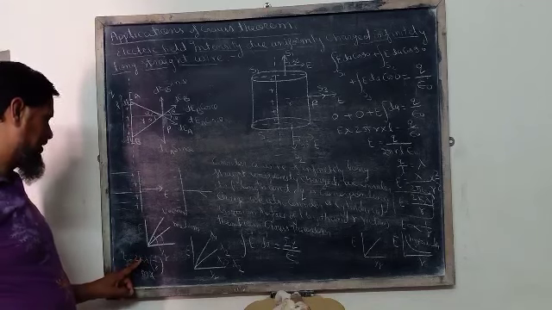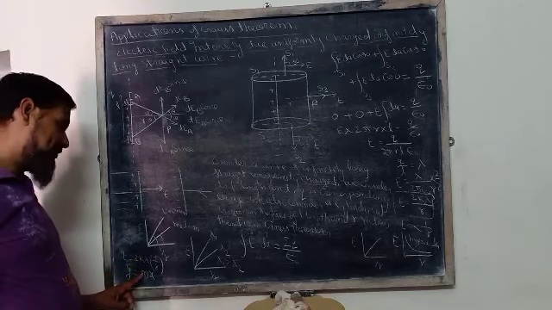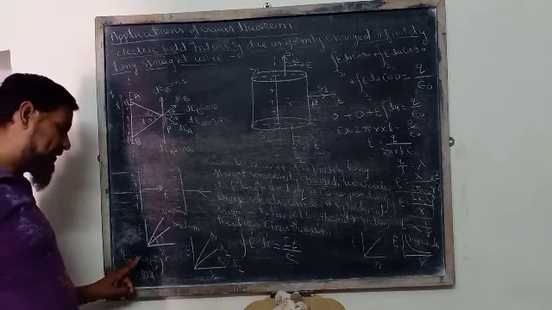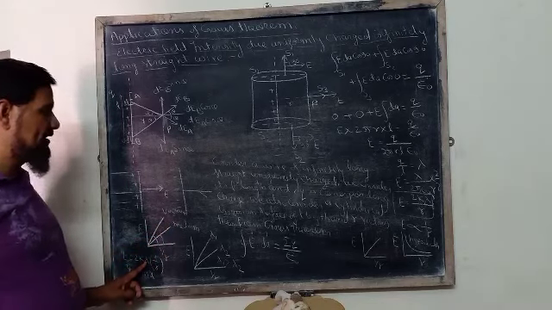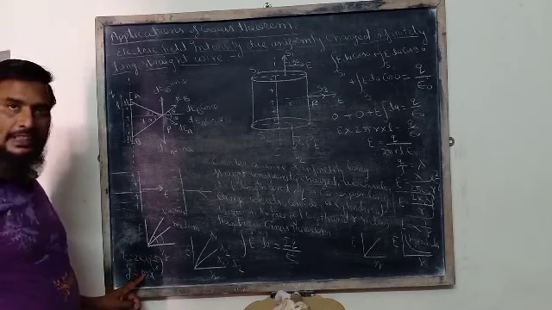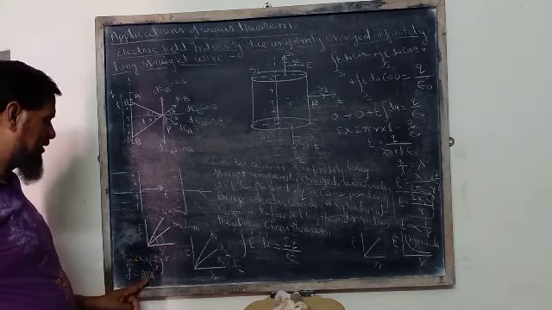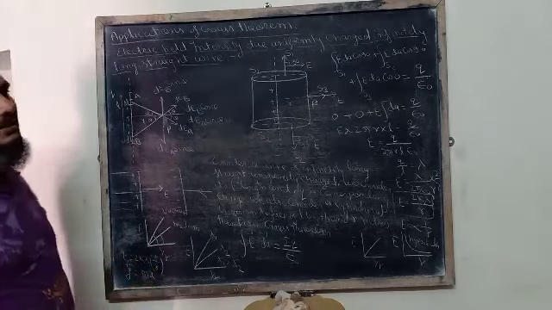So if K is greater, the slope of the curve will be greater. If K is smaller, the slope is smaller. If the linear charge density is greater, the slope of the curve will be greater, and if it is smaller, the slope is smaller.